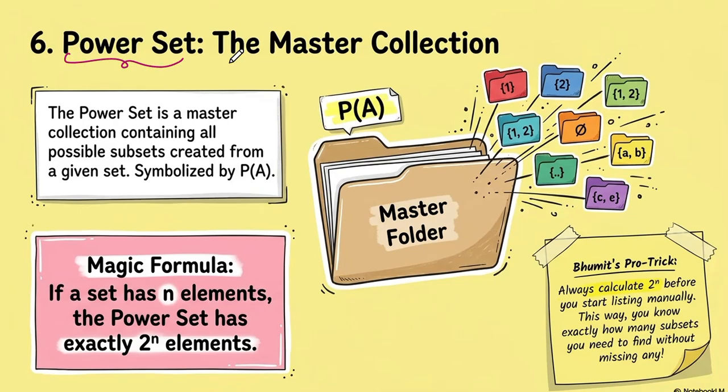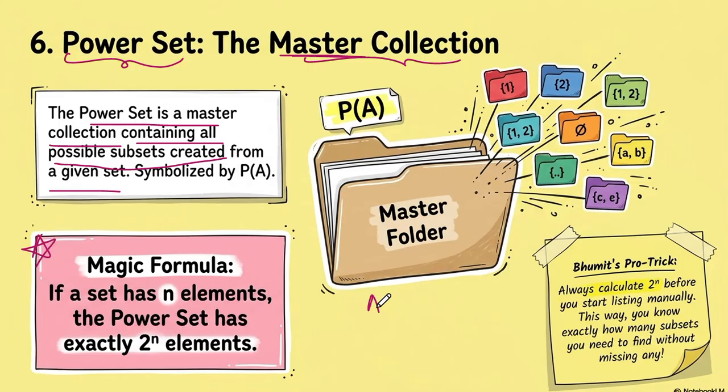So the power set is nothing but a master collection. Master means what? The collection of all the subsets. If you look at the definition, the power set is a master collection which contains all the possible subsets of the given set. Before we start looking at the question, look at one important note.